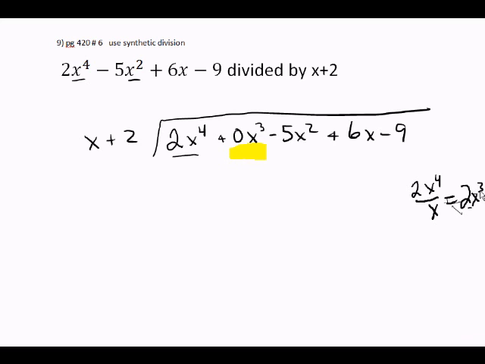That divide process is, 2x to the 4th divided by x equals 2x to the 3rd. You see, the 4 minus the 1 power equals the 3 power. Do you understand that exponent rule? When you're dividing, you subtract, and the x by itself, there's an invisible 1 there.